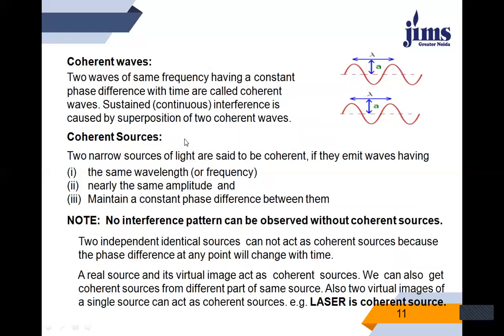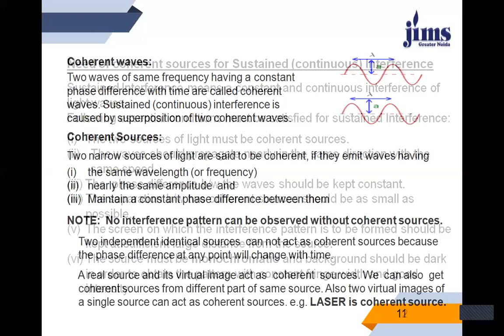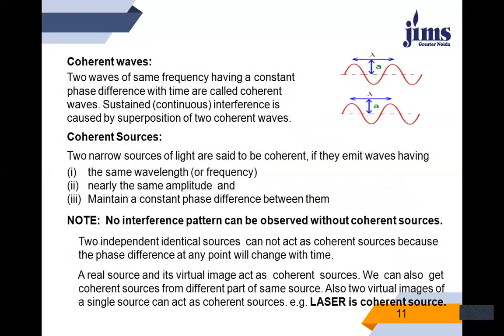Also, two virtual images of a single source can act as coherent sources. That will be discussed in Young's double slit experiment. How can we obtain the two coherent sources from a single source? For example, laser is a coherent source. Laser light is a coherent source.